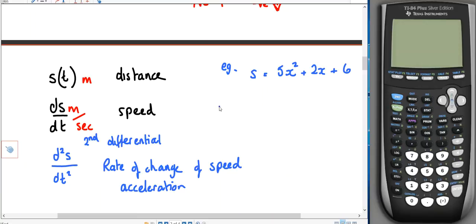What would be my speed function? 10x plus 2. Now the fact that I've got 10x plus 2 means that my speed is still changing, because as x changes, speed changes. What would be the acceleration?